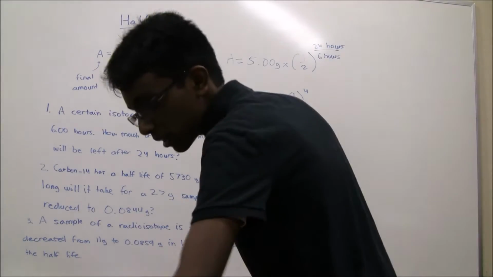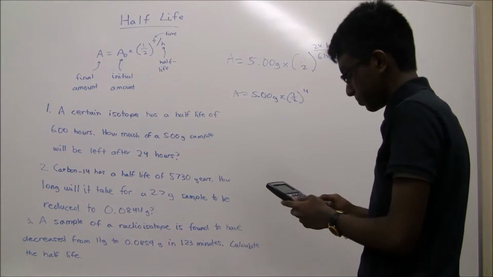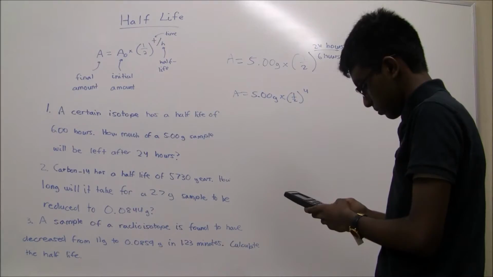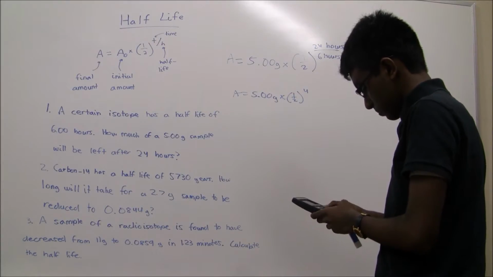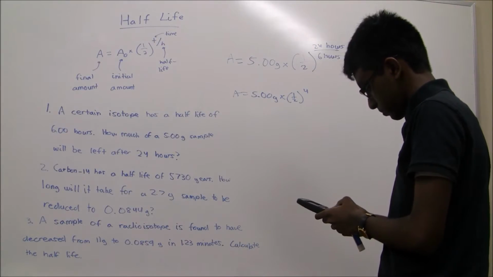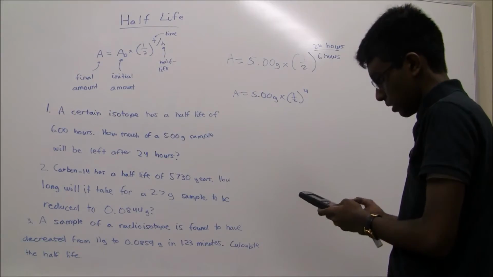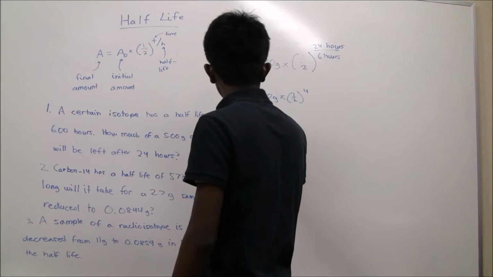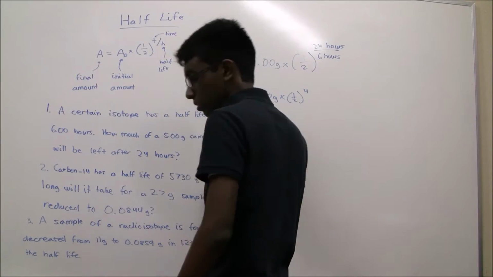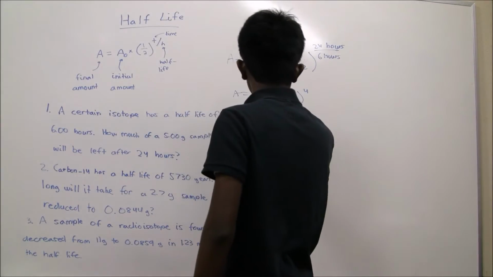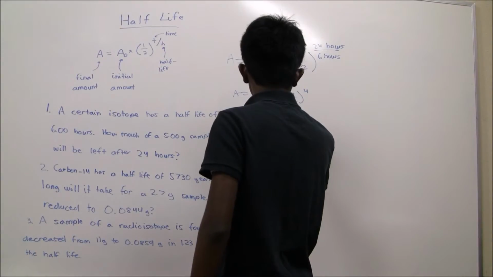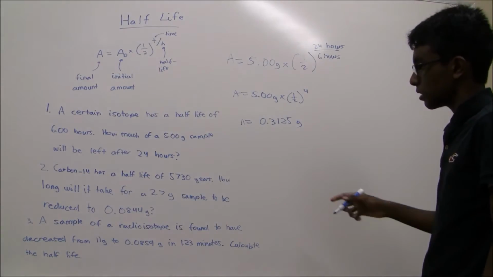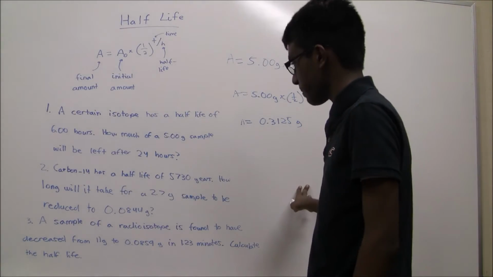And go ahead and put that on your calculator. 5 times, and that equals 0.3125 grams. Okay. Let's look at a harder one.